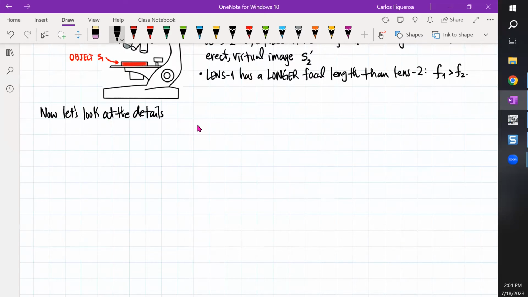And draw a ray diagram. So the first thing that we have to do here is we need to choose an objective lens.